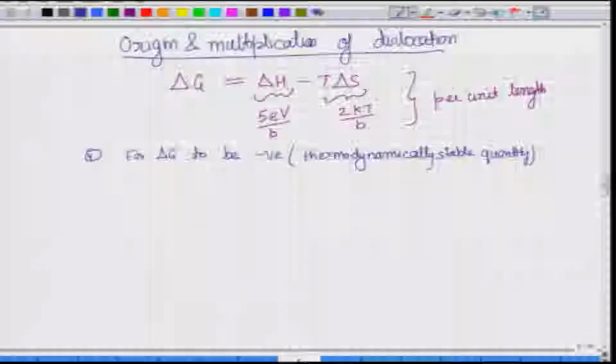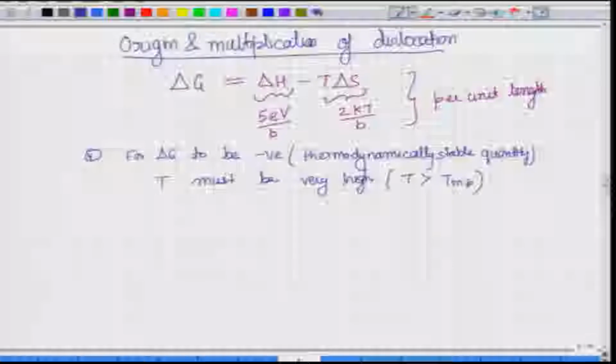You can find that out by putting T over here. When you equate this, you would find that T must be very high. What do we mean by very high? In almost all cases, it means T should be greater than T melting point. So, the dislocations are thermodynamically stable only at temperatures above the melting point, where the crystal structure does not exist anyway.